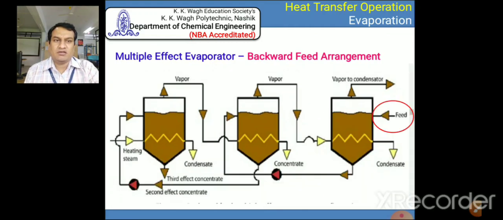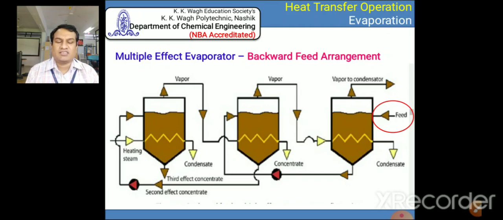But if you observe the backward feed arrangement, here pumps are required, because we are flowing the feed from third to second and second to first. In the third effect, there is the lowest temperature and lowest pressure, and we are moving this feed from third to second, that is from lowest temperature and pressure to medium, and then to high temperature and pressure.